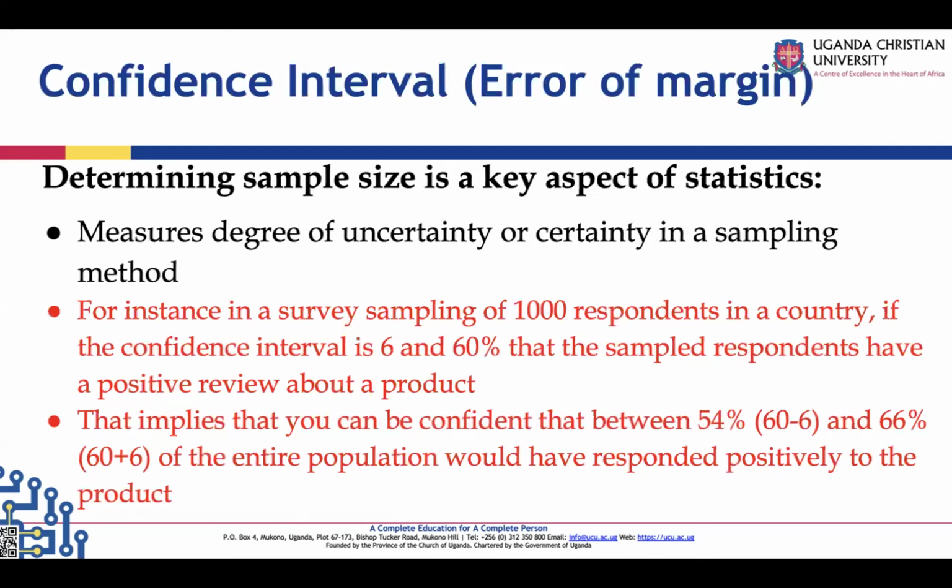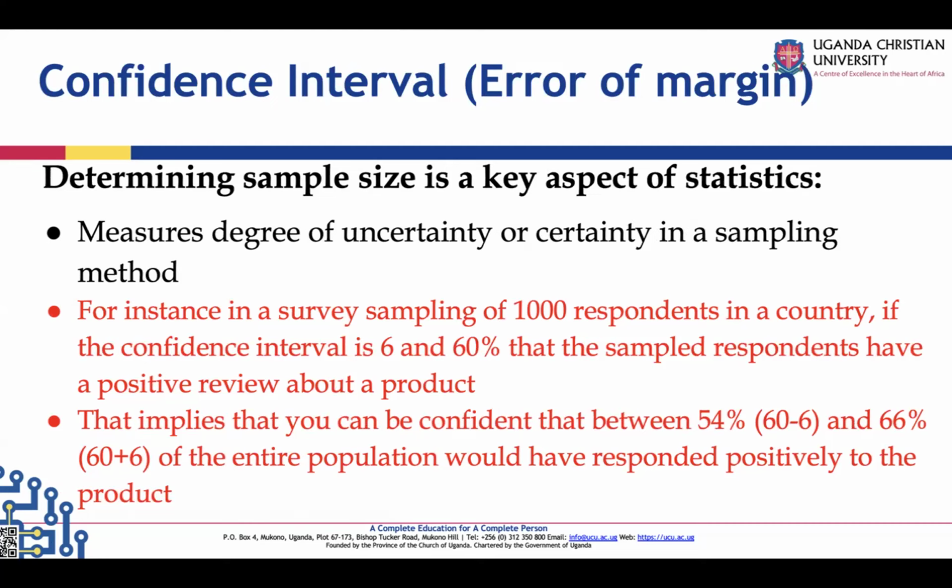So we determine the sample size using certain key aspects. We can measure the confidence interval, otherwise referred to as margin of error, which measures the degree of uncertainty or certainty in a sampling method.